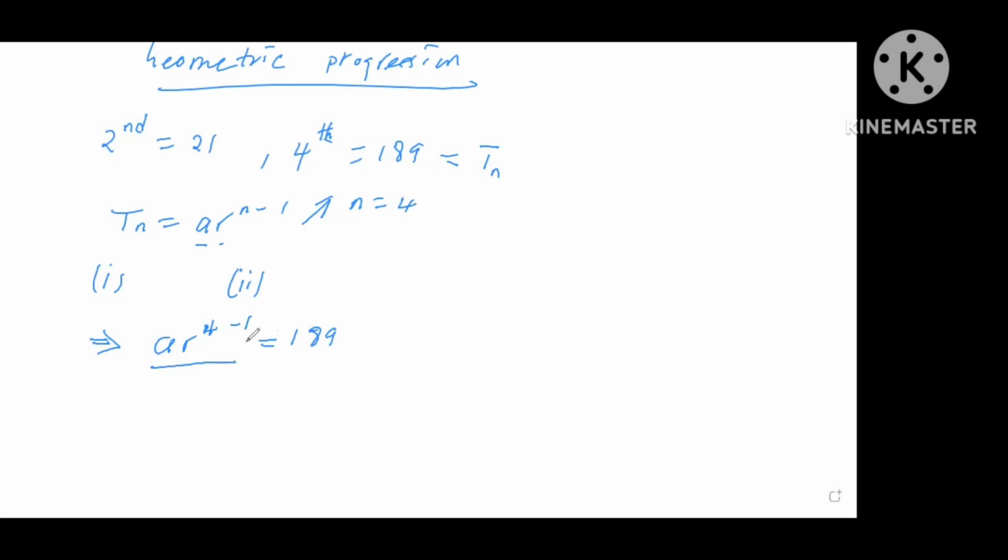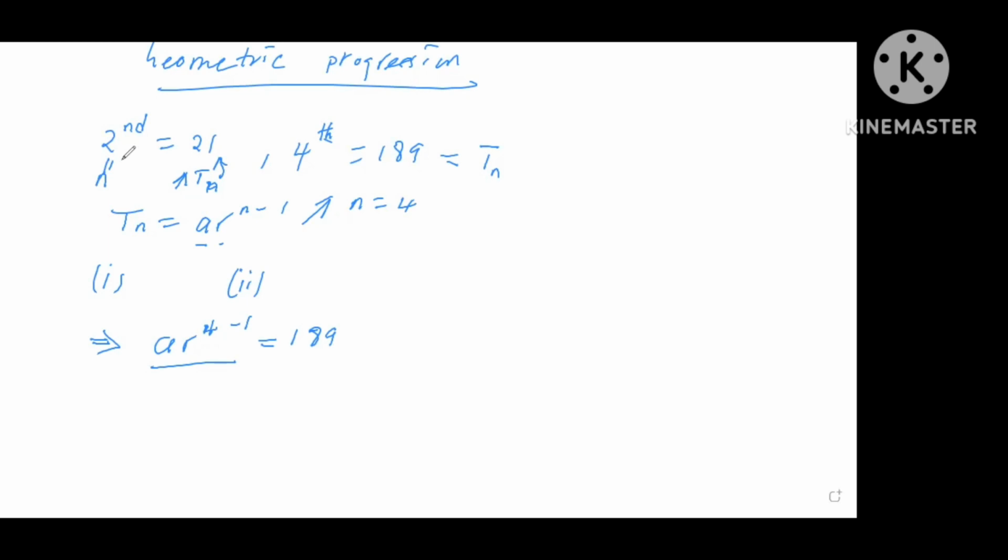We are going to divide this term by this other term, where n is equal to 2. For this one, the Tn is equal to this 21 there, and the n is equal to this 2. Right?